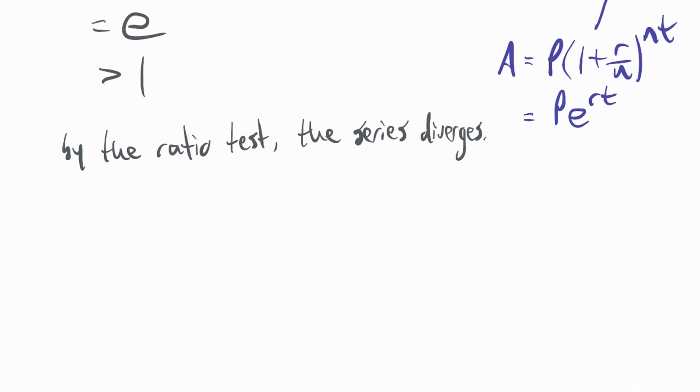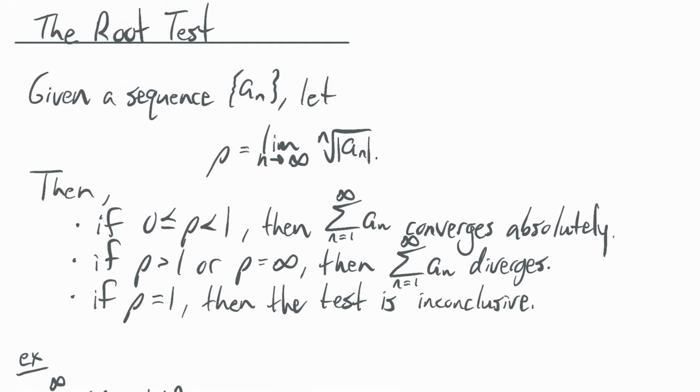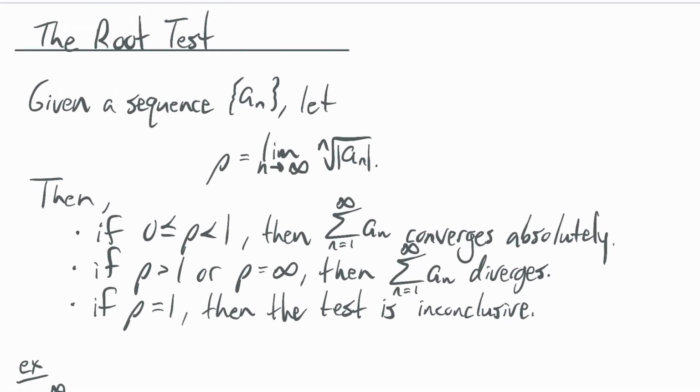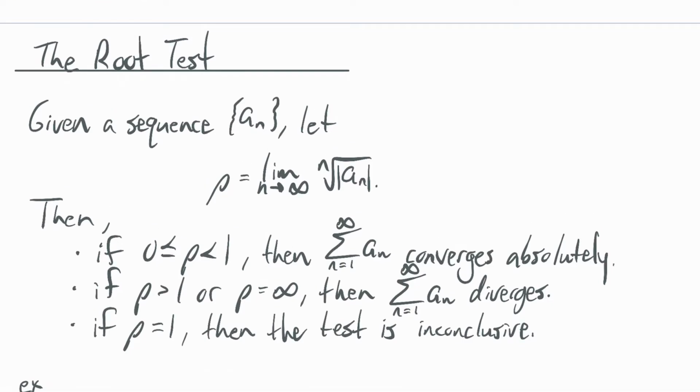Okay, what's next? Now we have the root test. Given a sequence a sub n, which does not have to have non-zero terms, you could have zero in your sequence, let rho equal the limit as n goes to infinity of the nth root of the absolute value of a sub n. So basically the index of the root will increase as n increases.